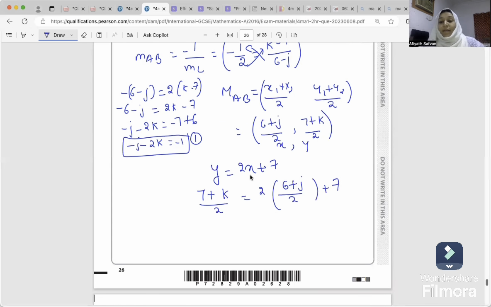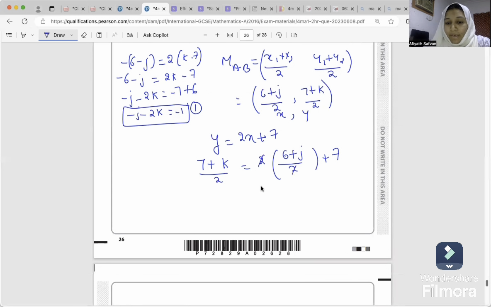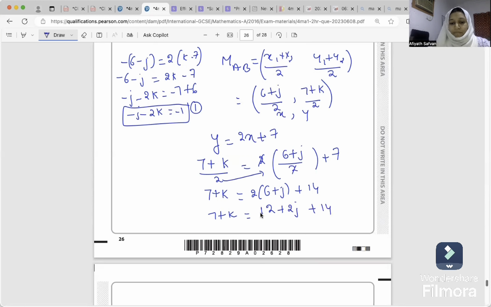Now solve this to get my second simultaneous equation. The 2 will get cancelled, so 7 plus k is equal to 2 times (6 plus j) plus 14, which is 12 plus 2j plus 14.